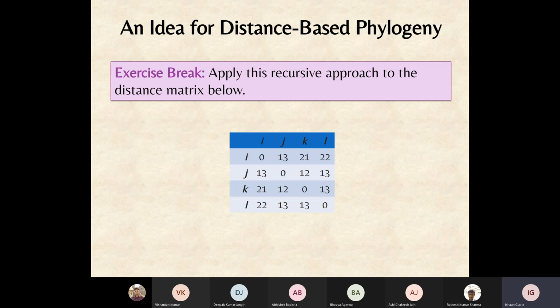Right? So quickly, can you implement the same idea to this matrix? Apply this recursive approach to the matrix given.